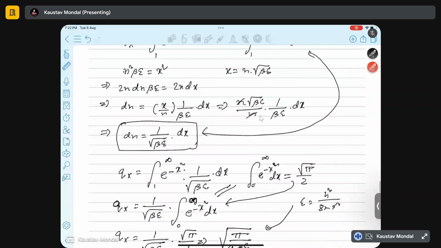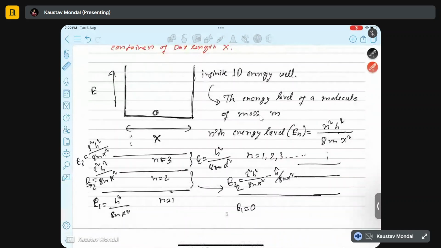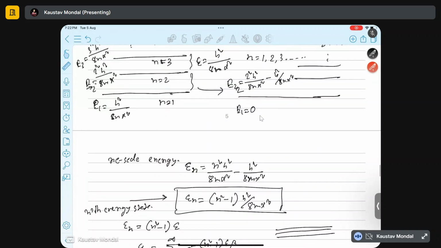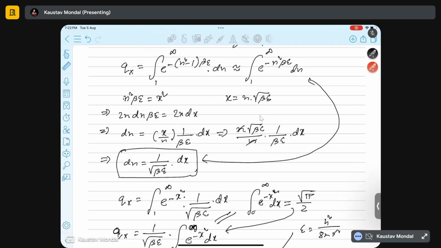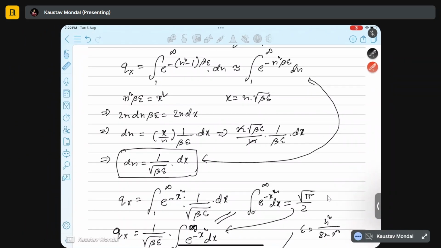Now, most of the problems, in realistic scenarios, you have to deal with a 3D box actually. Okay. So how to do that? So now in case of a 3D box, okay.